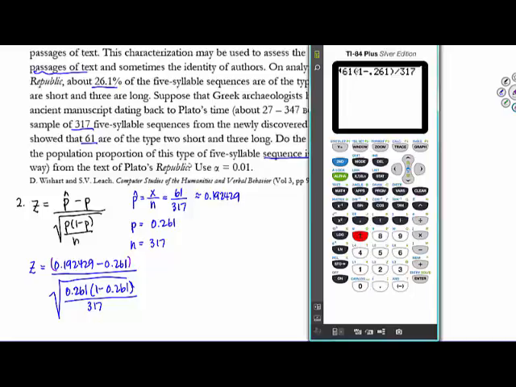Notice how in this calculator the square root goes all the way over all this stuff, and we want to make sure that even the 317 is under the radical. If you arrow over and then type again, you'll see that the radical sign is gone. It's not above the 317. That did not get included, and that's not what we want. In the formula, the sample size is under the radical, we want to keep it there.